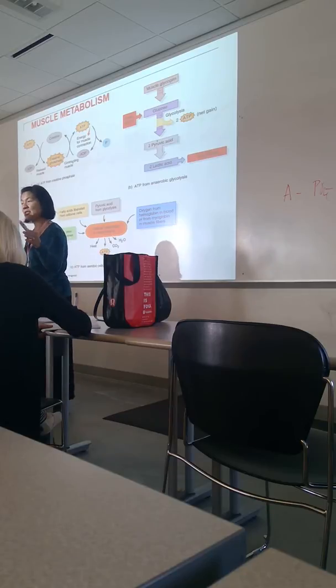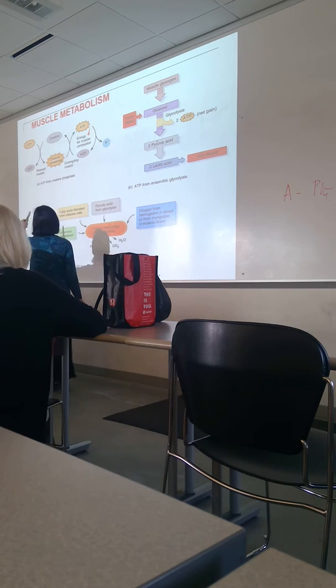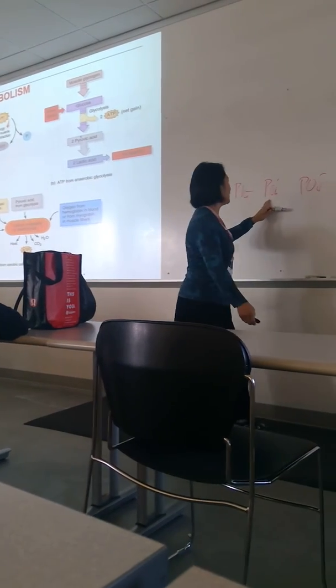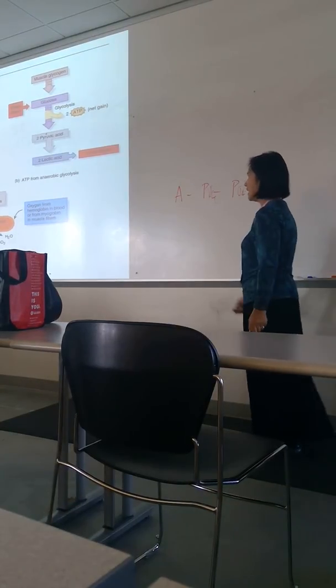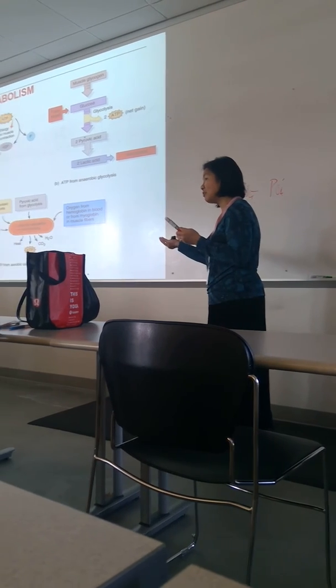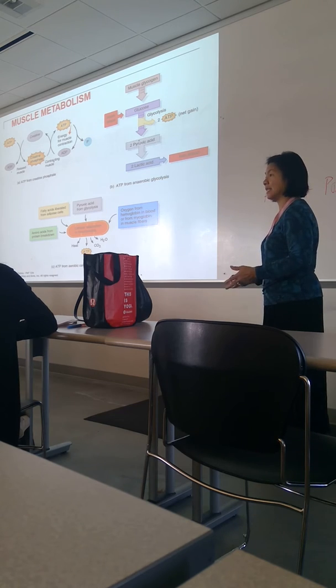Adenosine triphosphate, right? So you see, when you break down, the ATP becomes ADP, you need to replenish. So this is gone, you need to replenish the phosphate. You get that from creatine phosphate, you see, which is found where? Inside muscles. It's ready. It's present there.